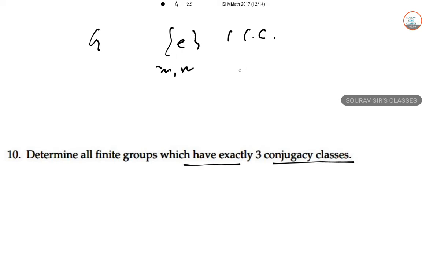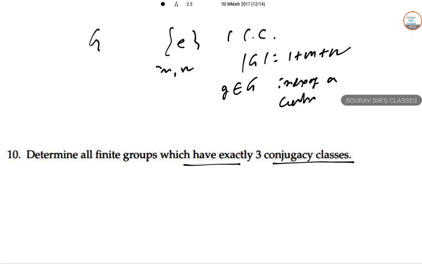Now conjugacy classes form a partition of the group, so we can say that |G| equals 1 plus m plus n. The size of the conjugacy class of g in G equals the index of the centralizer of g, so it divides |G|.